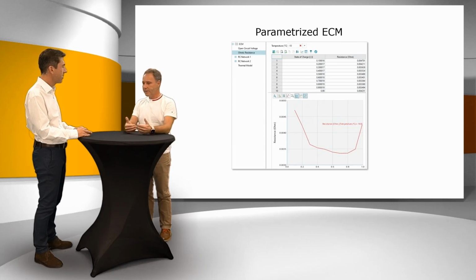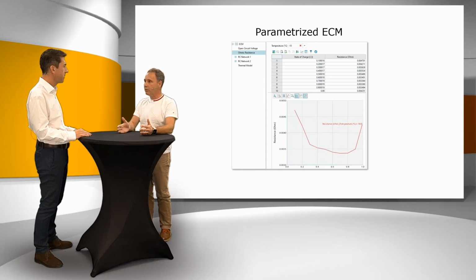Correct, yeah. So on the one side, of course, when we're doing the simulation, we can identify, for example, if a pulse is too long, so the relaxation phase more or less could be reduced. And on the other side, we can identify, for example, for high C rates, that maybe 10 seconds of relaxation phase might be too short.